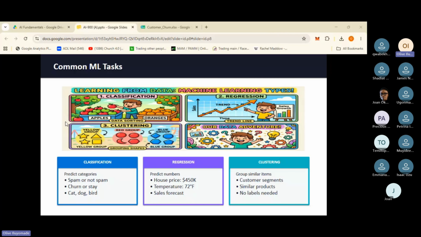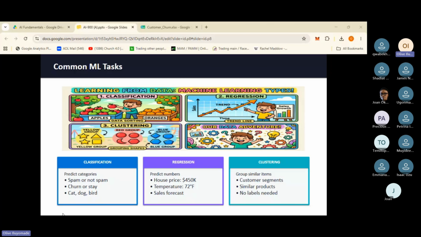With classification, we're going to predict which category of customers will churn or which ones will stay, which email is spam, which one is not spam. So that's classification or categorization, but it's called classification here. Which animal is a dog? Which one is a bird? Which one is a cat?